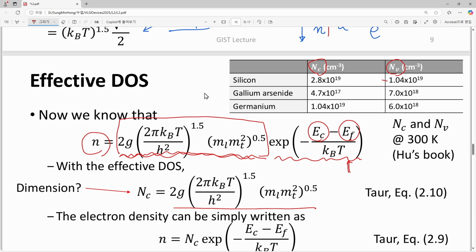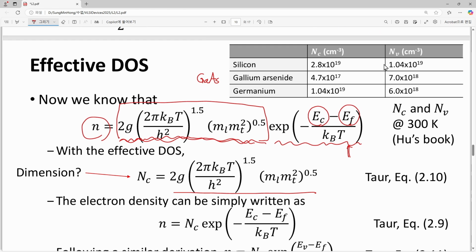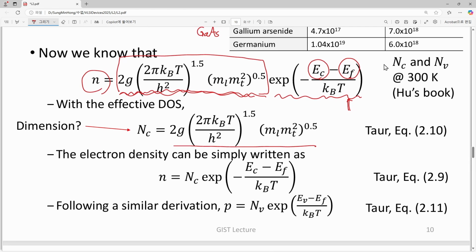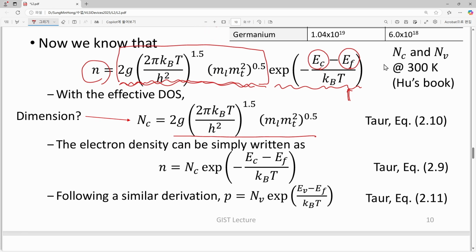For example, if we look at gallium arsenide, the conduction band and valence band show much different NC and NV. NV is much higher than NC, and so compared with gallium arsenide, silicon seems to be more balanced between the conduction band and valence band in its effective density of states values.